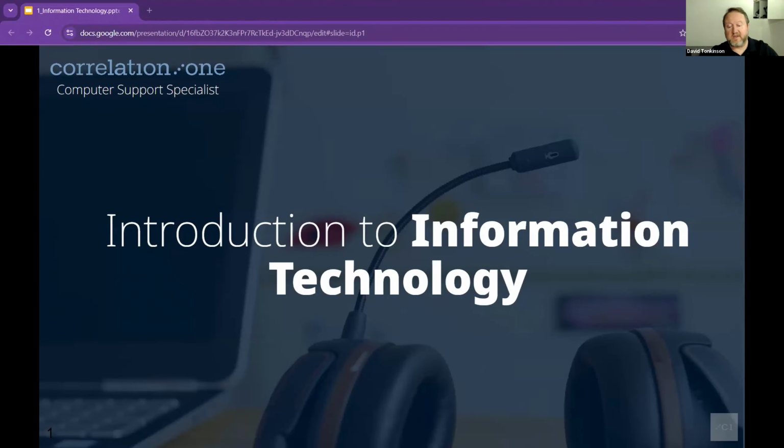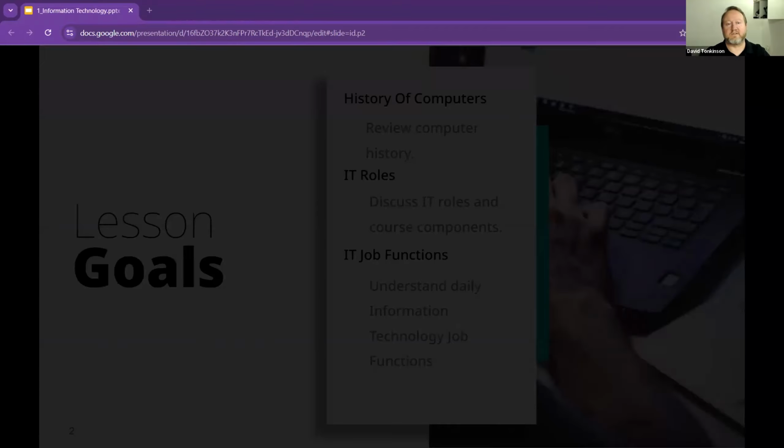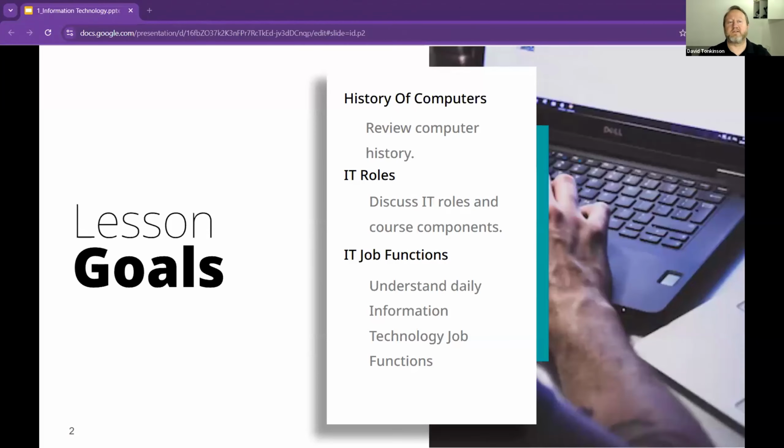Okay, so let me trek through this and we will click through a few of these. This first lecture is really about embedding us in, getting us used to using some of the tools, and I'll go through some of the IT information. So what we're going to talk about is the history of computers. Now, don't fall asleep. It's not really boring history. We don't go into a lot of detail, but it's worth understanding where computers basically come from.